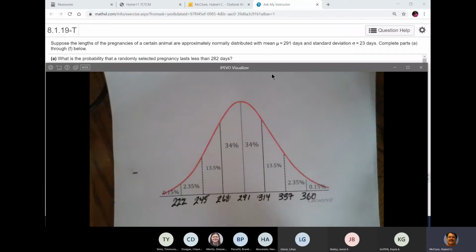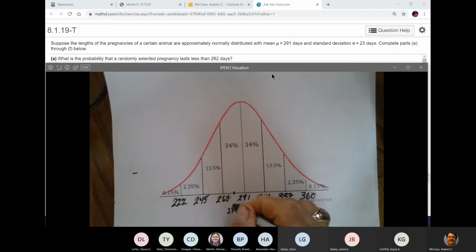So let's find the middle. Half of 23 is 11. So 11 plus 268 is 279. So 279 is in the middle. And we want 282.